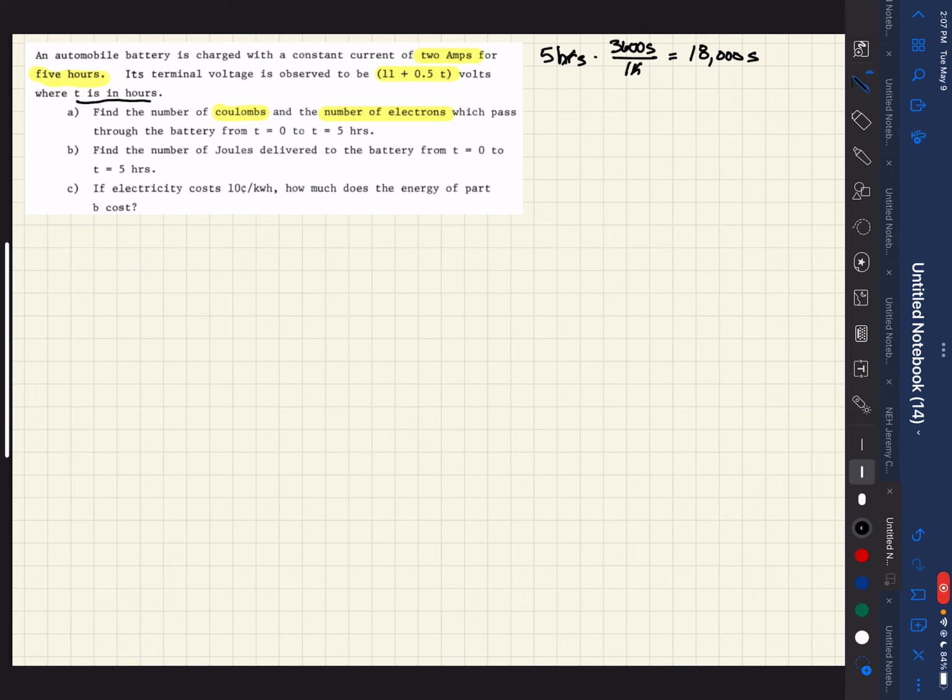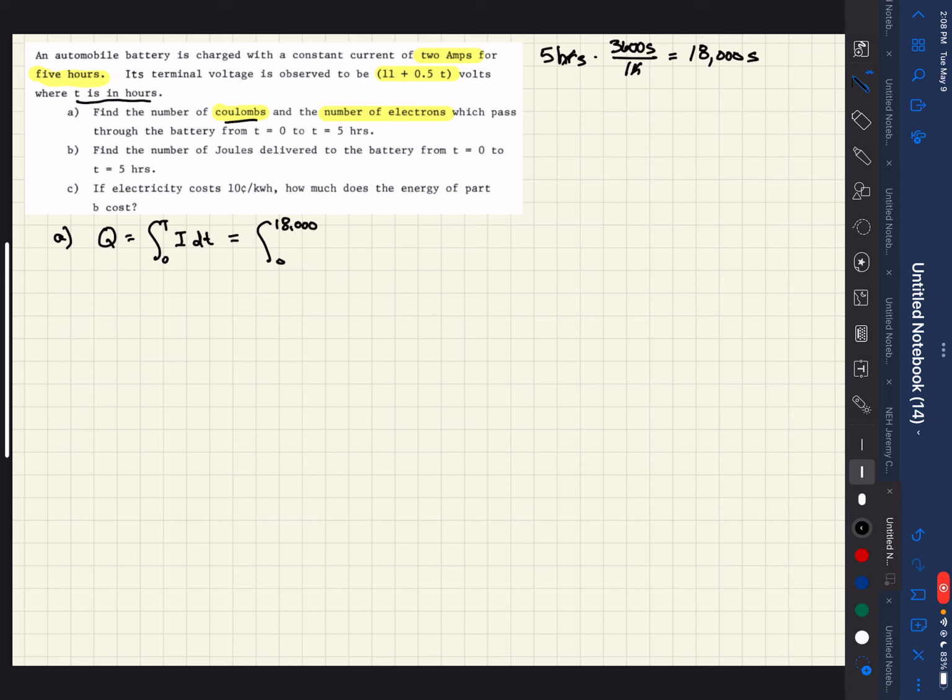So let's look at part A. In part A, the first thing they're asking us to determine is the charge in coulombs. So we can recall that our equation for charge, Q, is equal to the integral over some time of the current with respect to time. In our case, our integral limits are going to be from 0 seconds to 18,000 seconds.